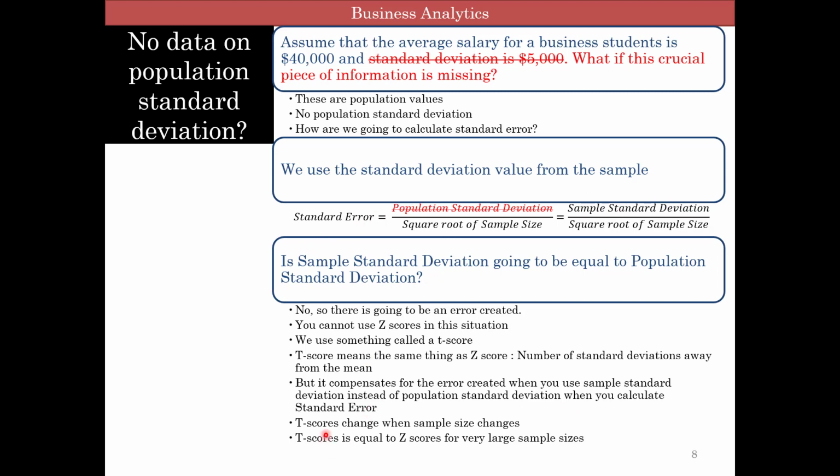So t-scores will change when sample size changes. And t-scores will be equal to z-scores when you have very, very large sample sizes. In fact, if your sample size is equal to the population size, then t-scores and z-scores will be equal.